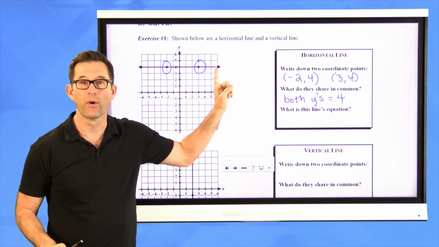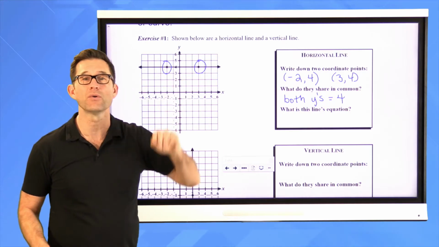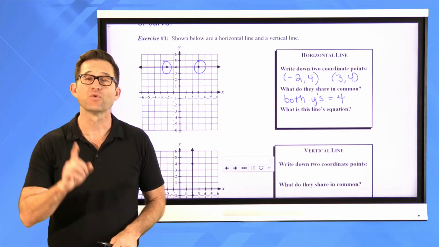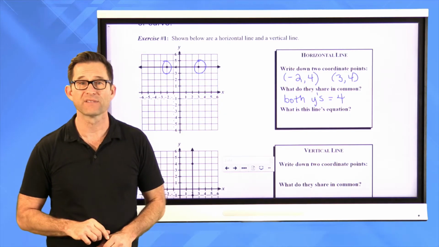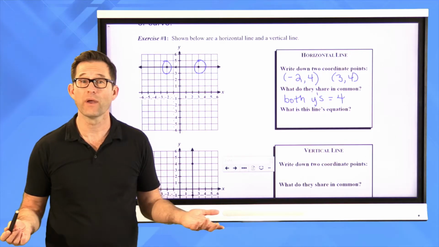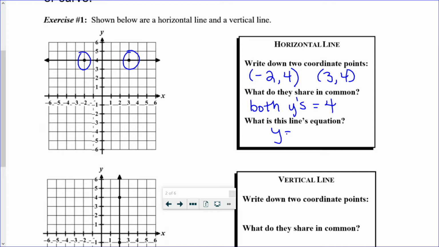If I went to a point over here, that would be (5, 4). If I went to the y-intercept, that would be (0, 4). Every point on that line shares one thing in common, and that's the y-coordinate. And interestingly enough, that's its equation. So the equation of this horizontal line is just y equals 4.